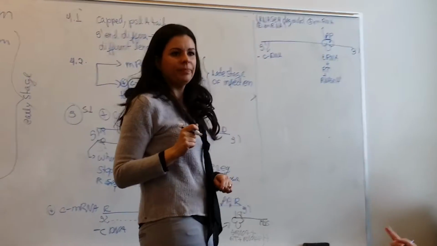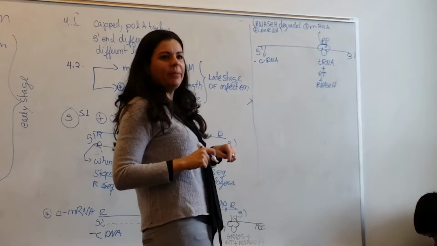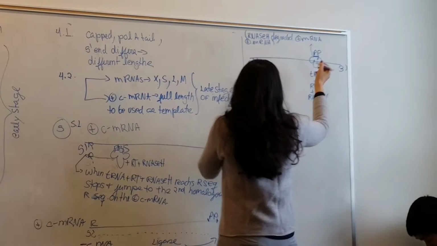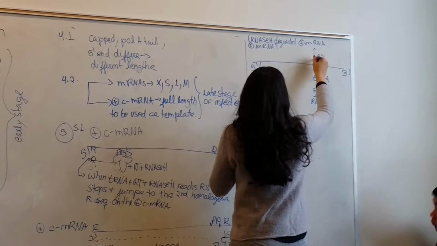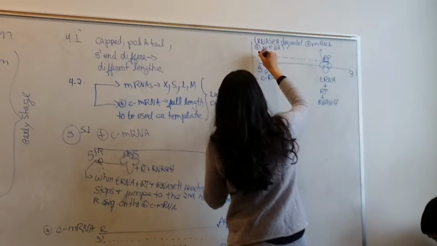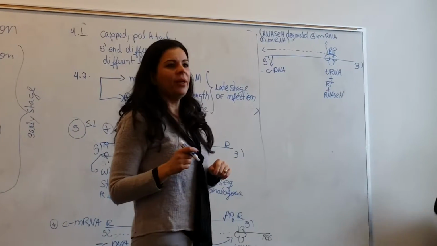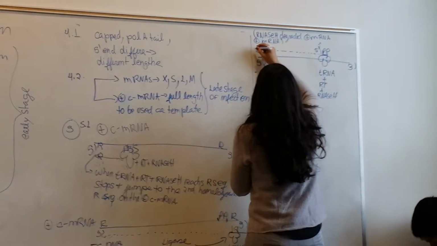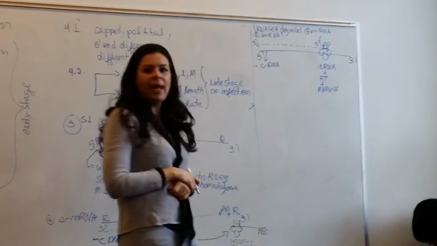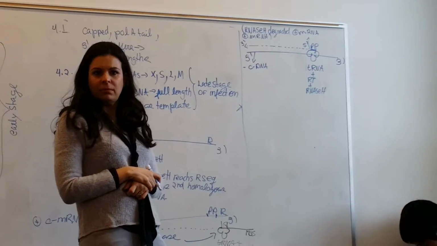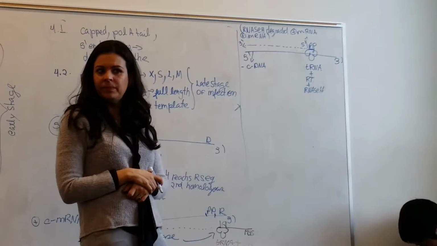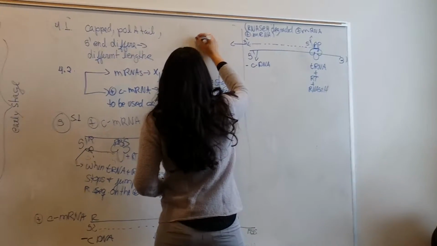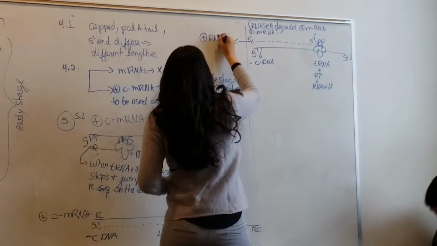It's degraded, with the exception of that PP, right? So now this entire thing is going to hop 3 to 5. It's going to go that direction. It's going to read 3 to 5 and make it 5 to 3. So this is 5 to 3. Do you see that? Are we good? Okay. And this is the positive DNA.